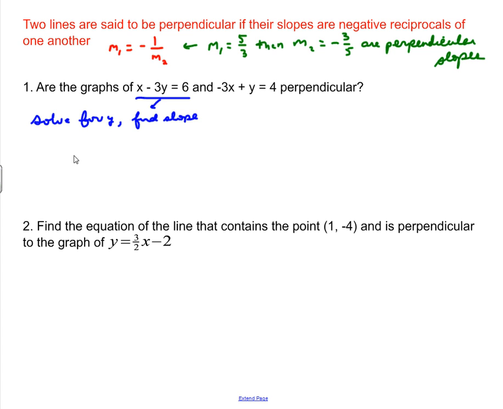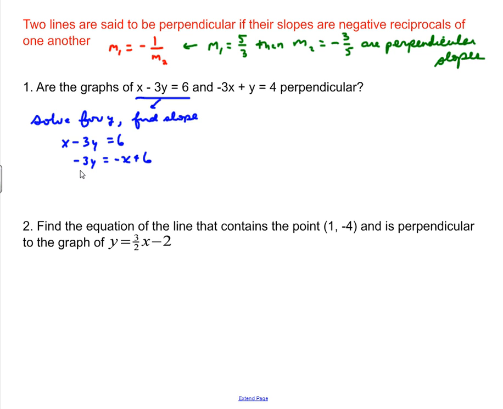So let's take our first one. x minus 3y is equal to 6. I'm going to add negative x to both sides to get my y term by itself first. I would say negative 3y is equal to negative x plus 6.